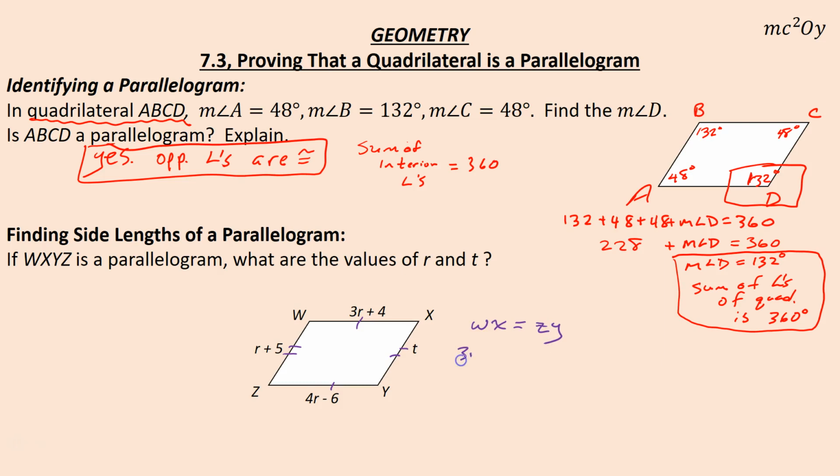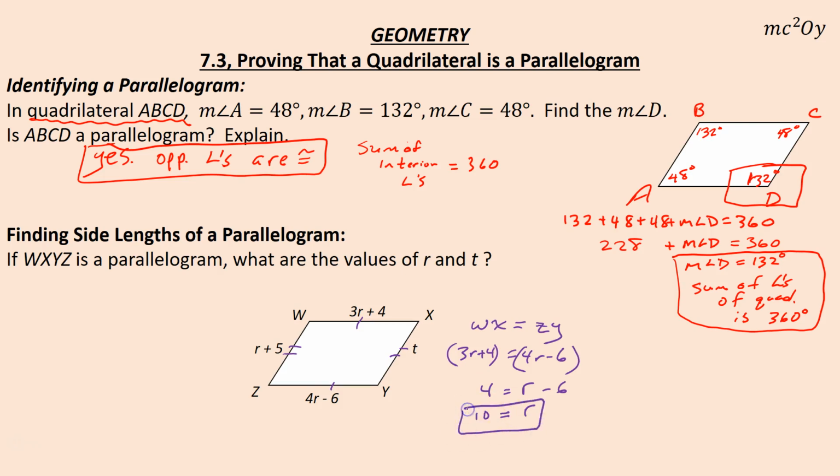And what that means is 3r plus 4, which is WX, is equal to 4r minus 6. Okay, and that allows us to solve for r. So we get r minus 6 equals 4, so r is 10.